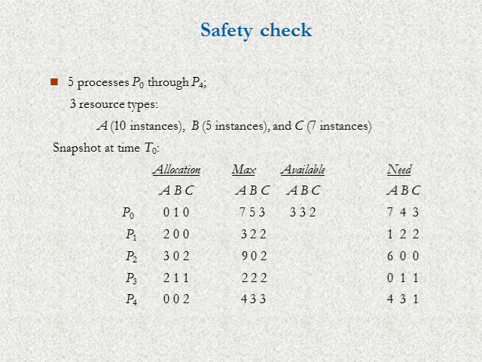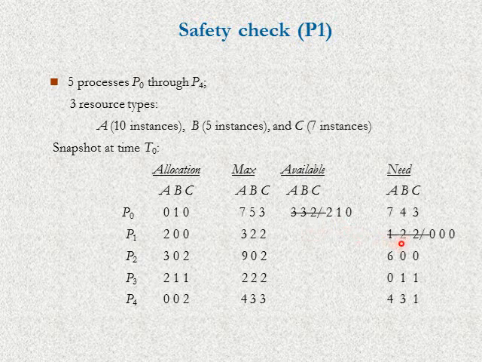So first of all, can we find some process where the need is less than the available? Let's check. P0 has a need which is greater than the available, so we cannot take P0. Moving on to P1. Yes, the need of P1 is less than the available resources. So the resources required by P1 will be deducted from the available resources.